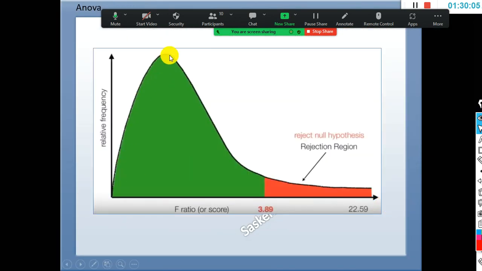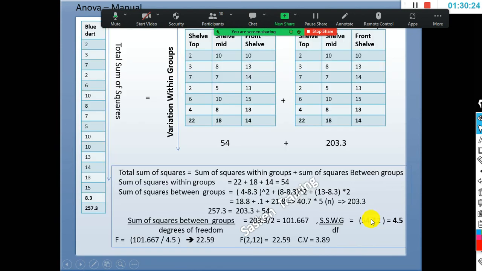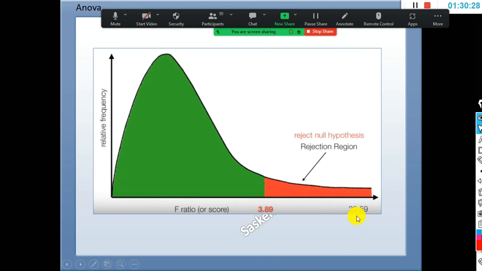The Anova distribution, sorry, not chi-square distribution, is something like this, okay. It is not normally distributed, it's kind of positively skewed. And this is my critical value, 3.89, obtained by looking at the F distribution table. So here my F statistic value was 22.59. Since 22.59 is greater than 3.89, it is falling in the rejection region.